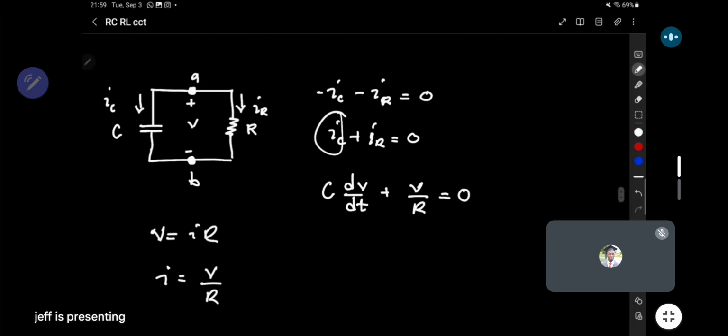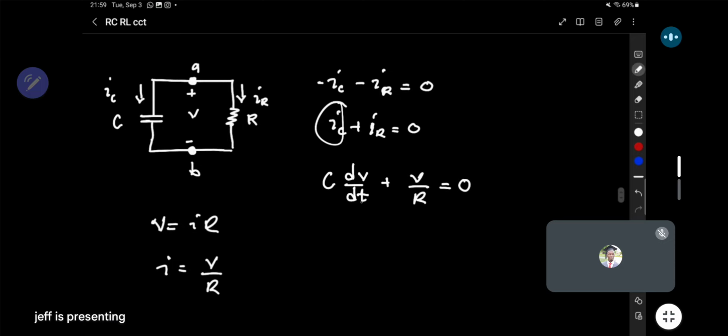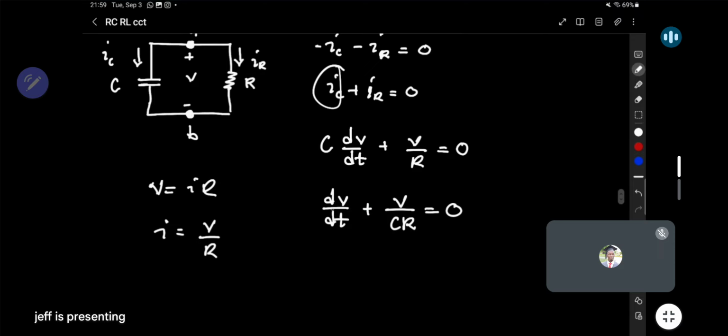From here, what do we see? We can play with this expression. Divide everything by C, and we end up with dV/dt plus V over CR equals 0. Then I want everything with V on one side and dt on the other side, so multiply everything by dt.